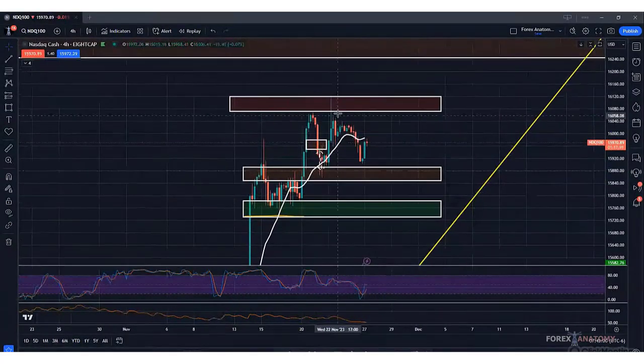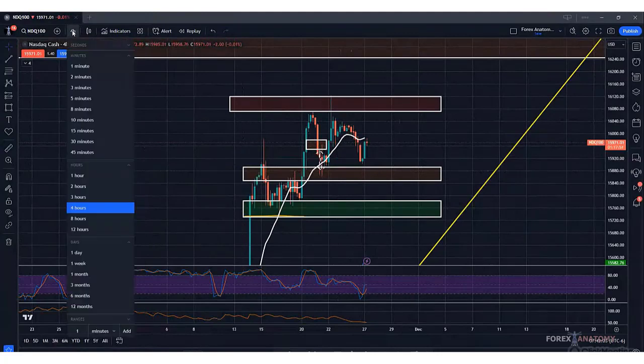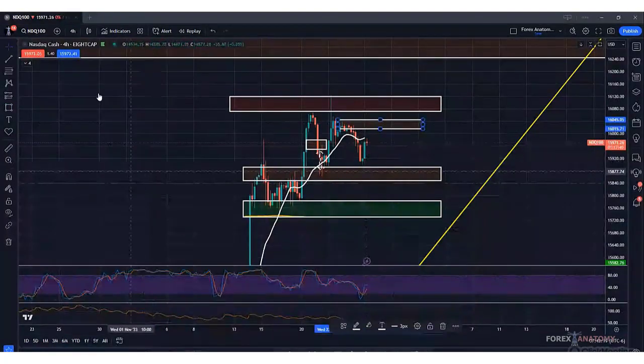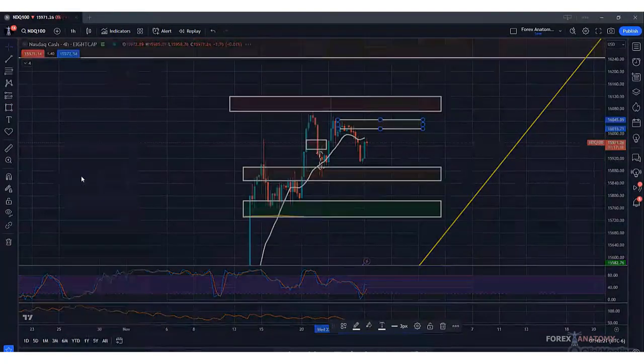And in order to get more clarity on that, we can definitely look at our other time frames. So let's go down to the 1 hour and see how this move is taking place. Because based on what I see from here, we can see price push higher and at least get to this area, right around here. At least get here. But yeah, let's drop down to the 1 hour.